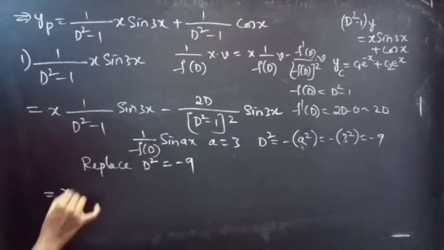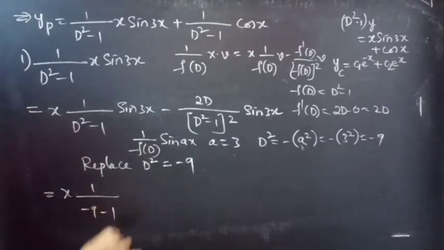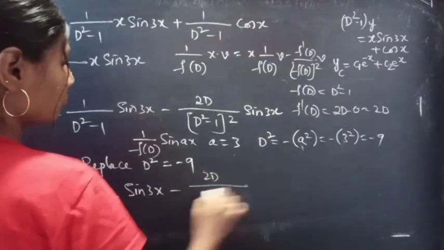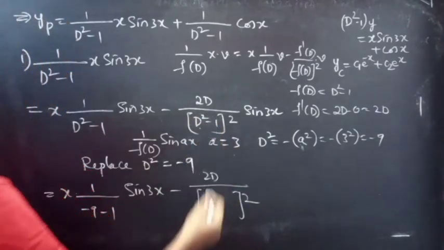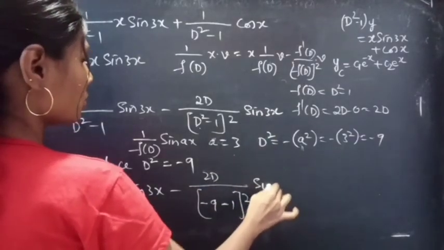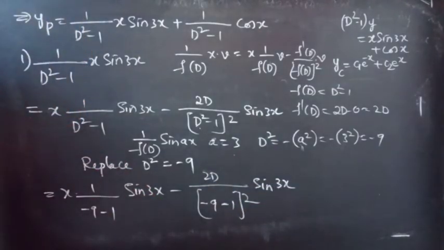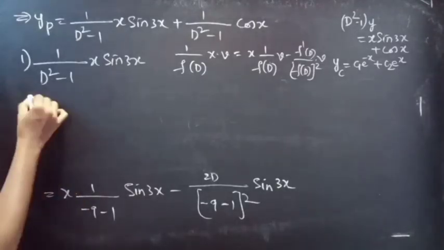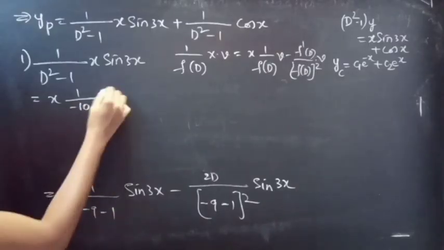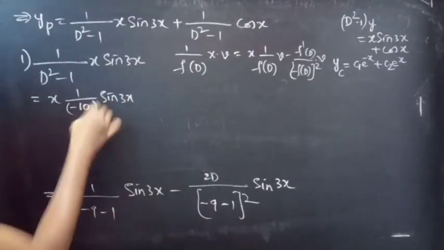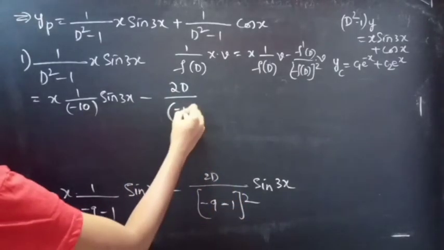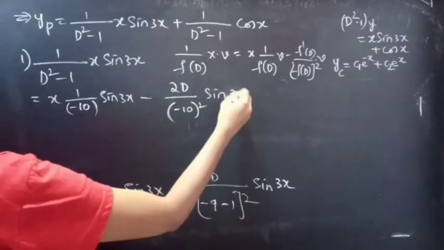Then this becomes x into 1 by minus 9 minus 1 into sine 3x minus 2D by, replacing this D square by minus 9, we get minus 9 minus 1 whole square into sine 3x. This becomes x into 1 by minus 10 into sine 3x minus 2D by minus 10 whole square into sine 3x.